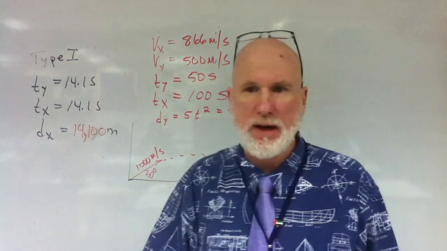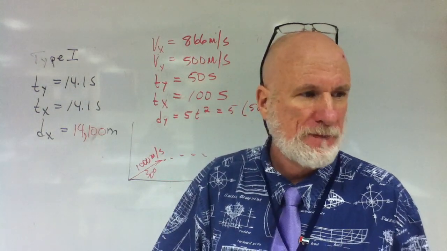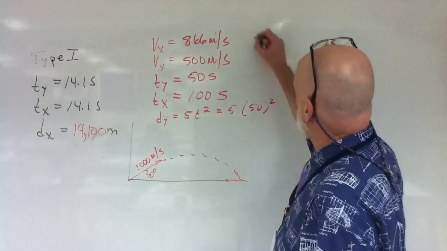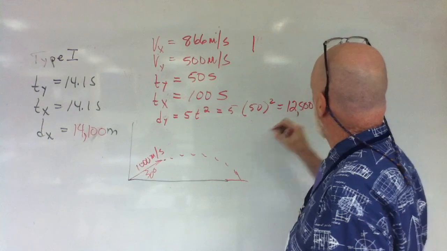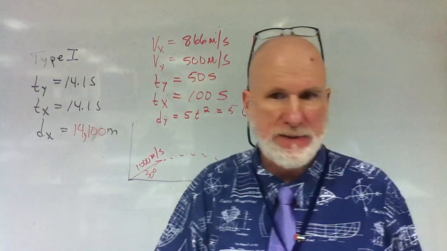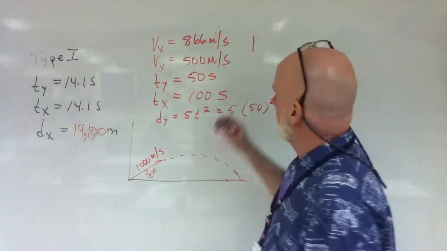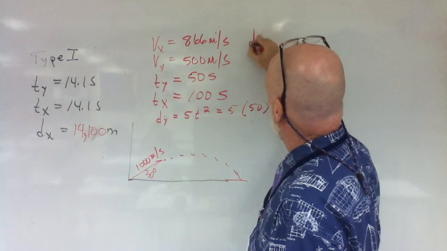50 times 5 squared, isn't that right? 12,500. So dy equals 12,500 meters. Is that right? Now, how would you find dx? Tx times Vx.